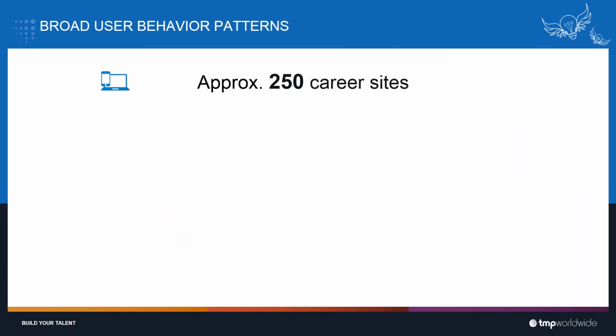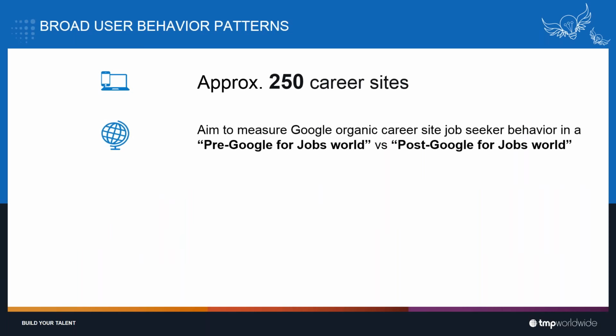All right, so what we looked at here was approximately 250 career sites. The aim that I had was to measure Google Organic career site job seeker behavior in a pre-Google for Jobs world versus a post-Google for Jobs world.